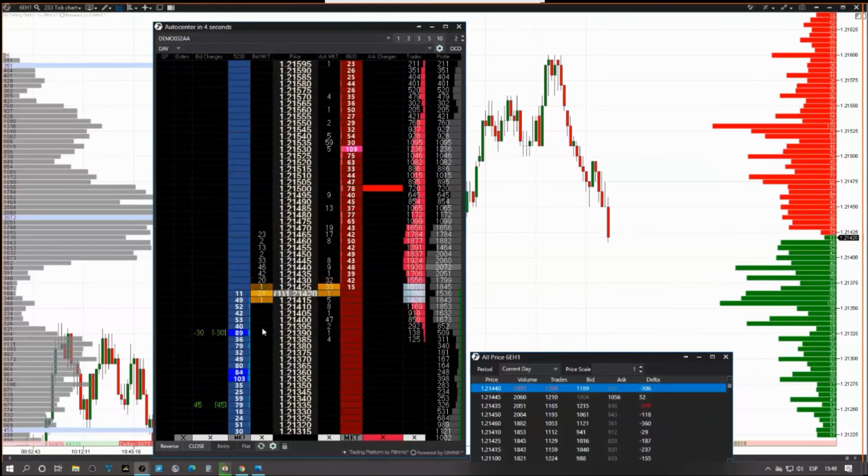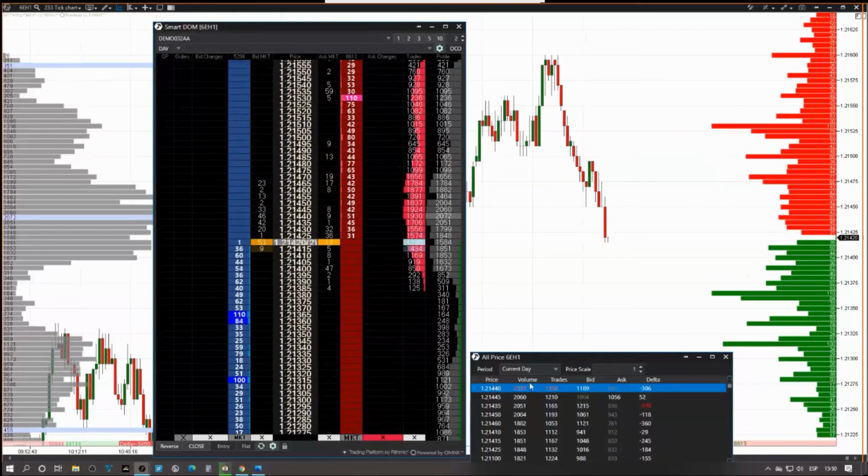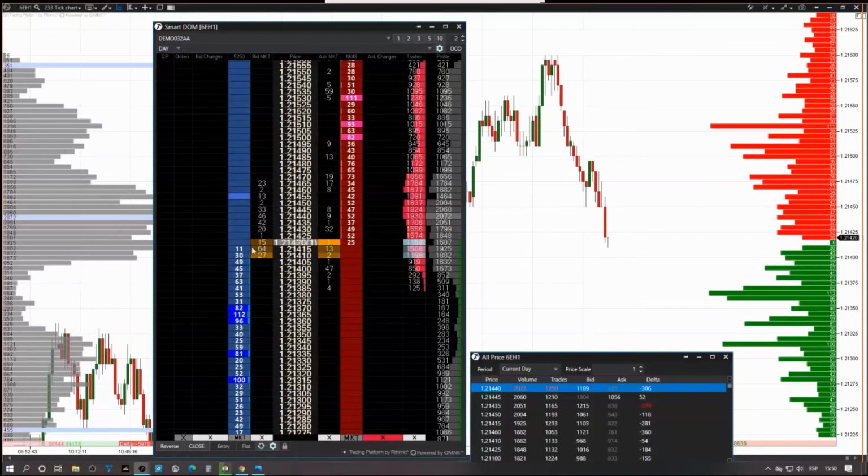So the market is moving down here right now. The price we were looking at, at a positive 72 delta, is now negative. That only means that the aggressive traders, the market orders, are taking the liquidity available here, the pending orders on the bid side, moving the price down. That's what this means.